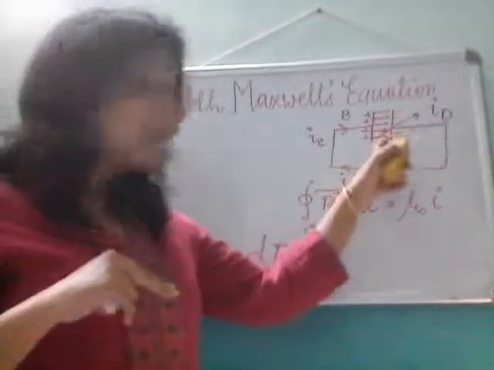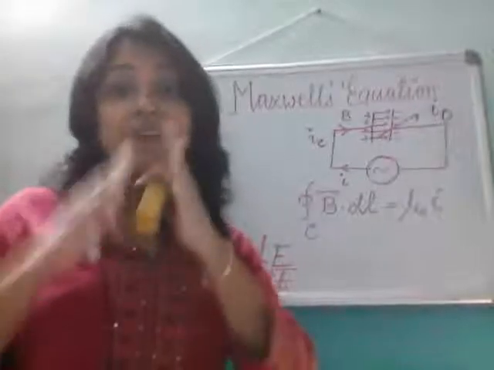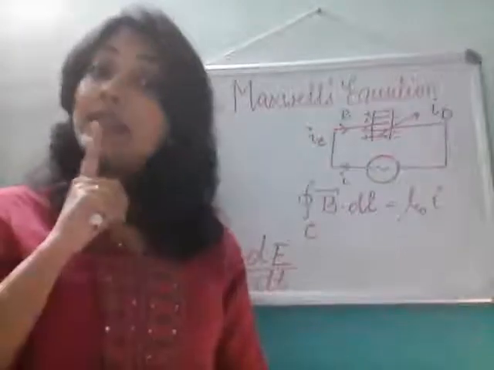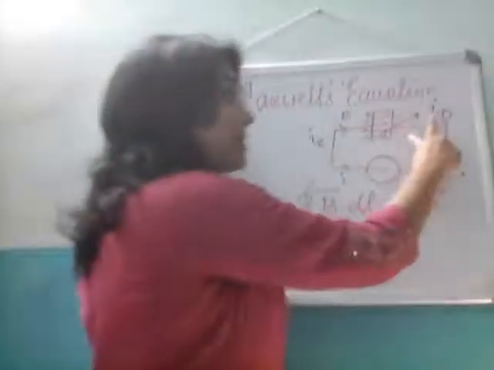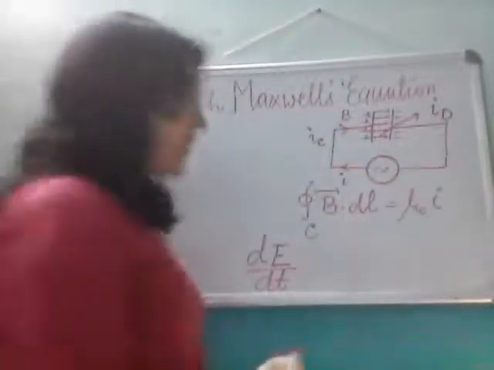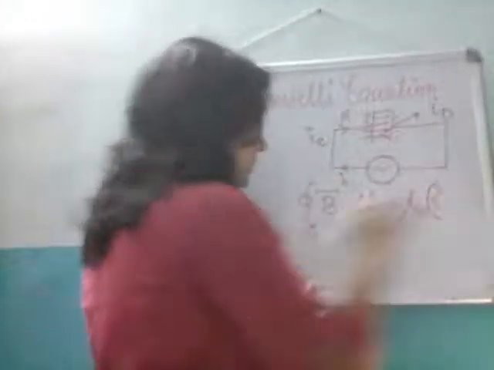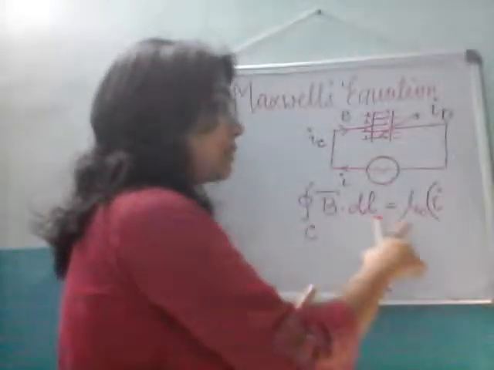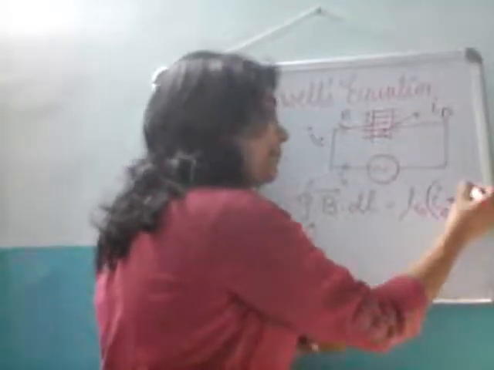And in a place where there is no conductor but there is a time varying field, a time rate of change of E, creating a magnetic field, there will still be a current, called the displacement current ID. From there, he modified this equation as line integral over the closed contour B dot dl is equal to mu 0 times IC plus ID.